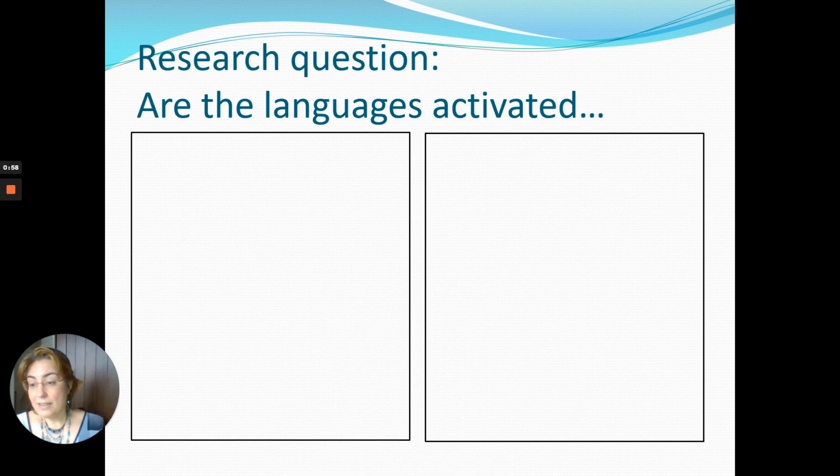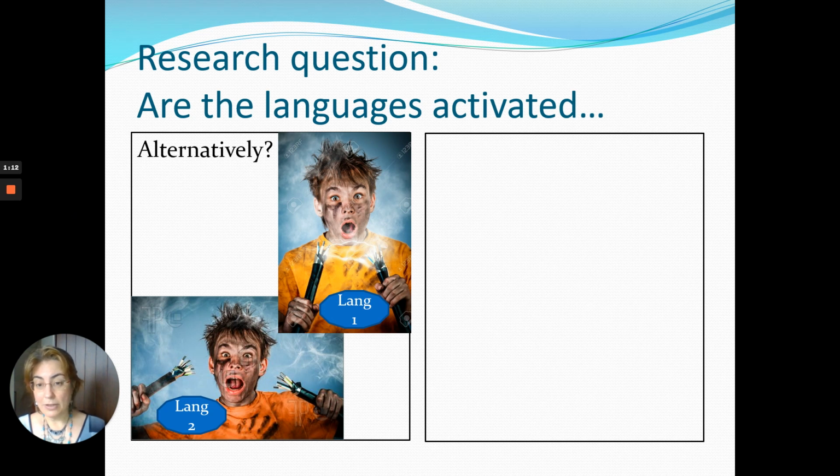So one of the questions that has been targeted is whether the different languages, we're going to take two as a sample here, in the multilingual's mind are activated alternatively, meaning when you are activating language 1, language 2 is deactivated, and when you activate language 2, obviously language 1 will be deactivated.